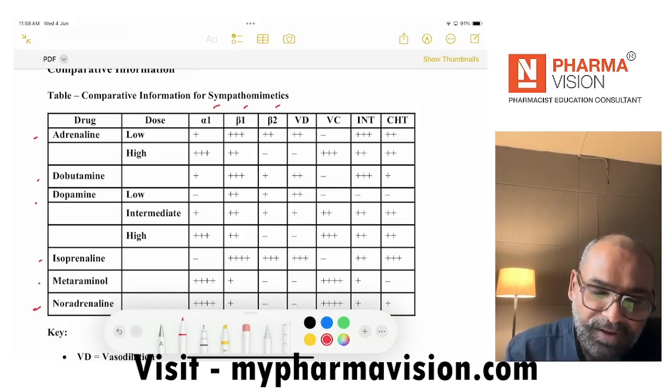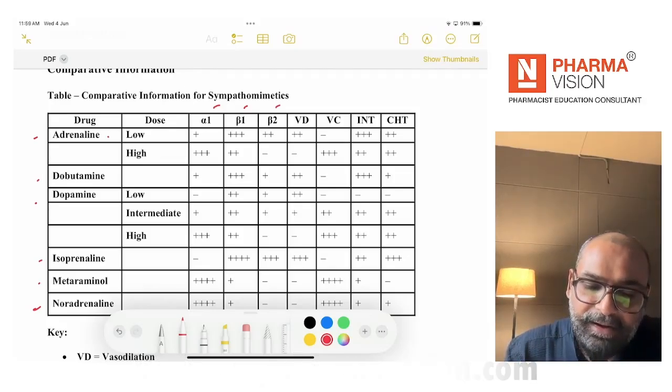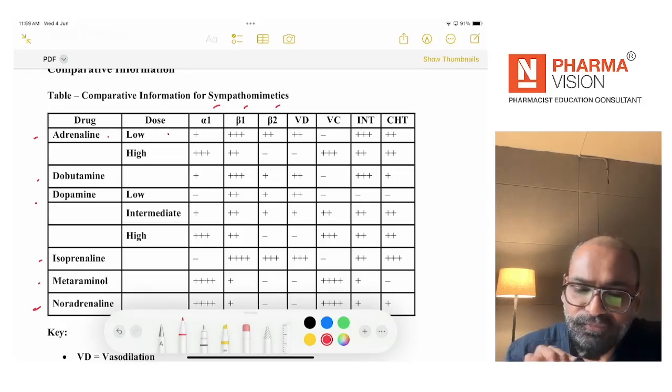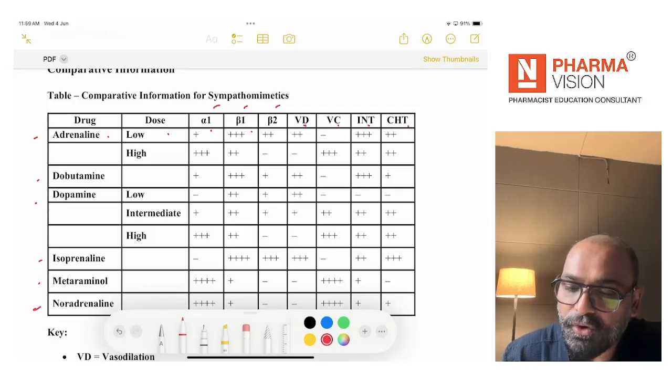Okay, so when we are talking about adrenaline at the low dose, it has an effect on alpha 1 and beta 1 receptors. VD means vasoconstriction, vasodilation, inotropic and chronotropic effect.